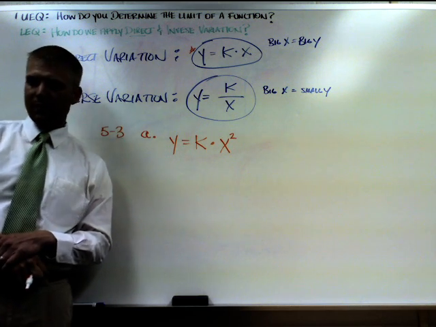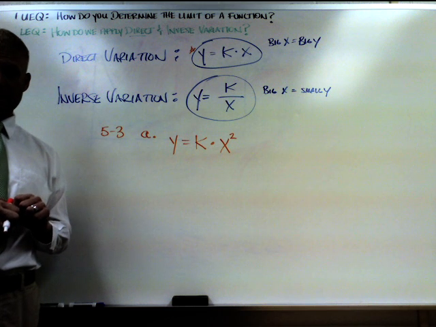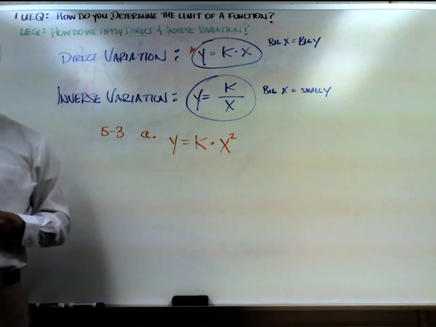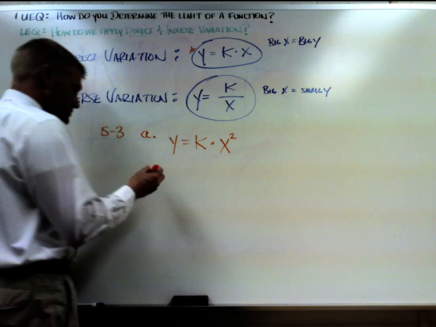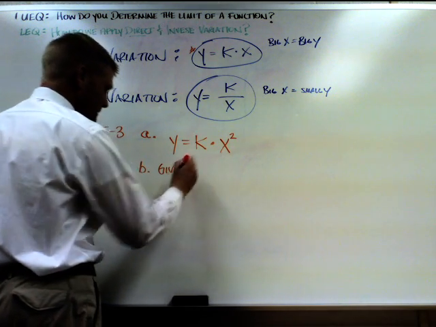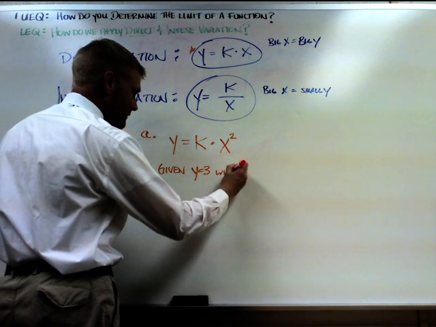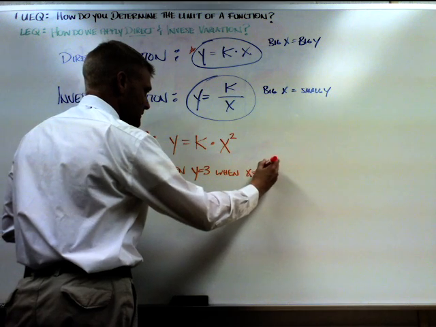Part B asks us to solve for the specific solution for k when y equals 3 and x equals 2. So part B, we have some givens. They tell us y is 3 when x is 2.